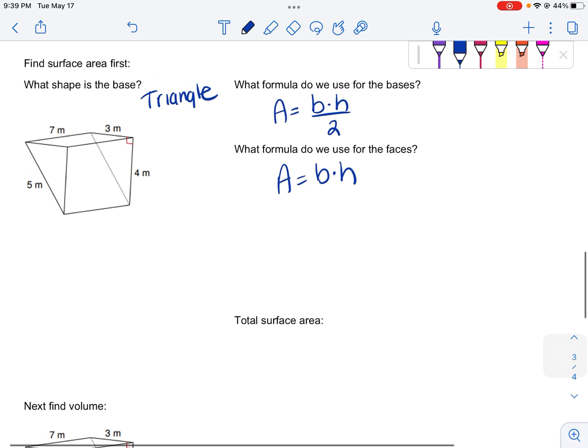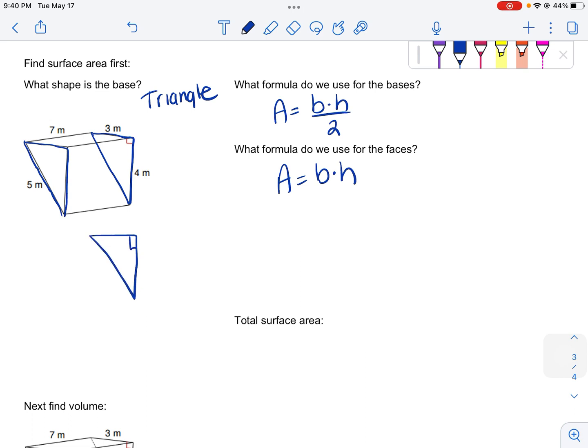So first we're going to draw it out. So I have 2 triangles, and I'm going to use this back triangle here. This is 3 by 4. It's the same triangle that's in front here, but the back one gives me the base and the height. So if I draw it similar to what it comes off of the shape, it looks like that.